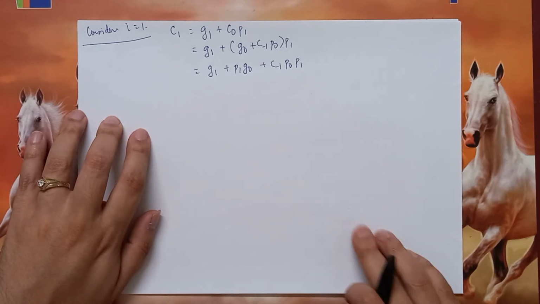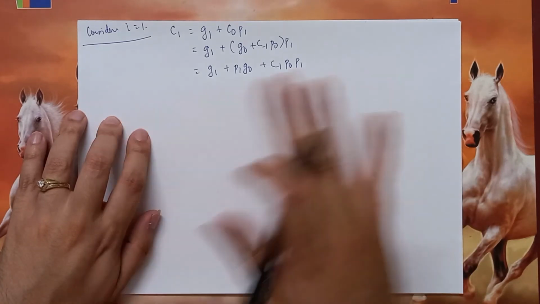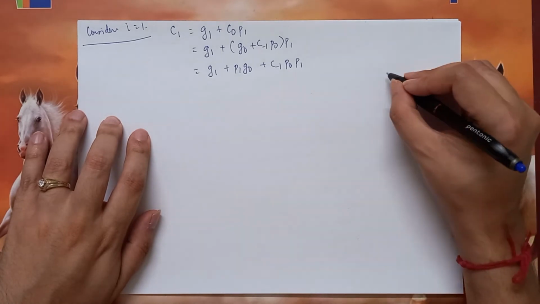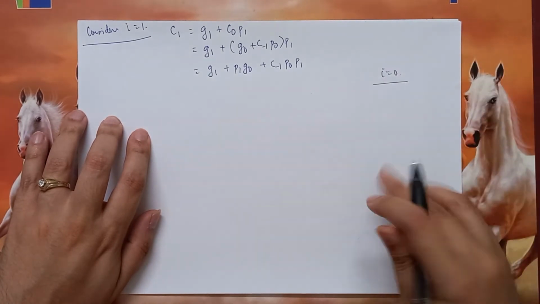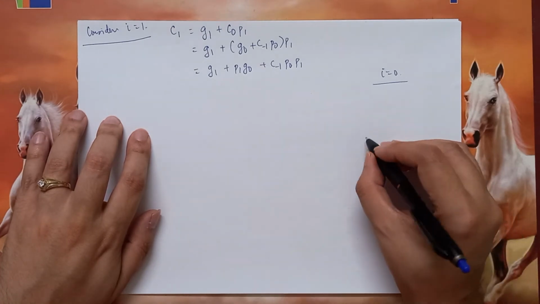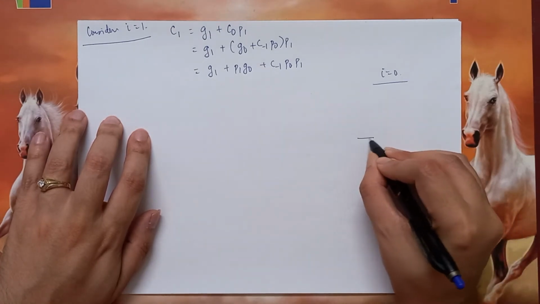So therefore, let us quickly draw the stage 0 and stage 1 side by side. Let us draw I equal to 0, which is a repeat of what we have already drawn.